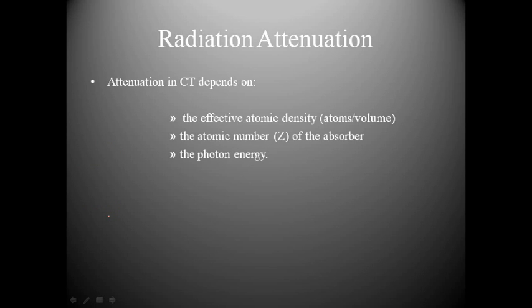This is much the same, so compile the two lists and know that all of these are attenuating factors in CT. The effective atomic density, or atoms per volume, will really affect what is going to be attenuated and what is going to pass through the patient.